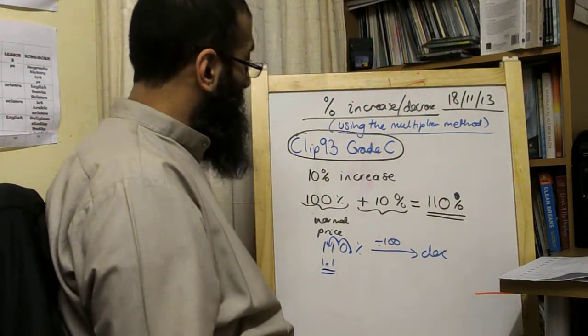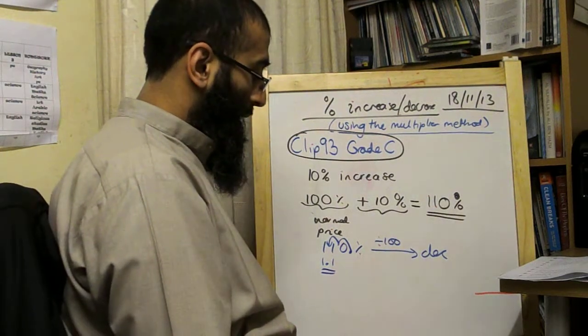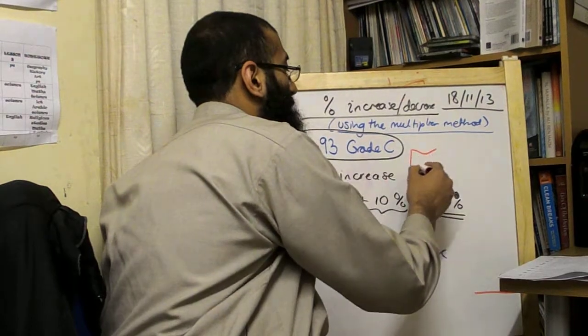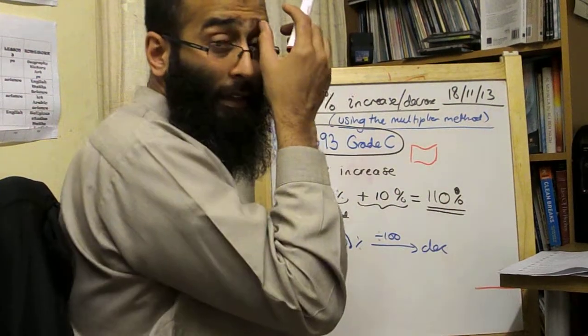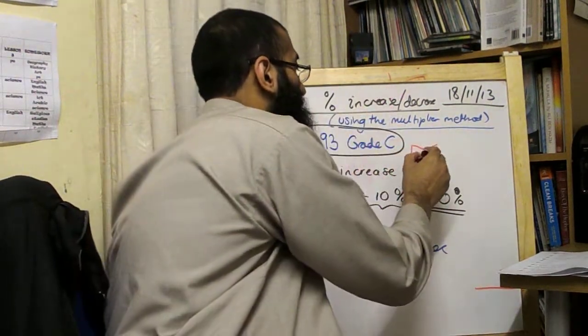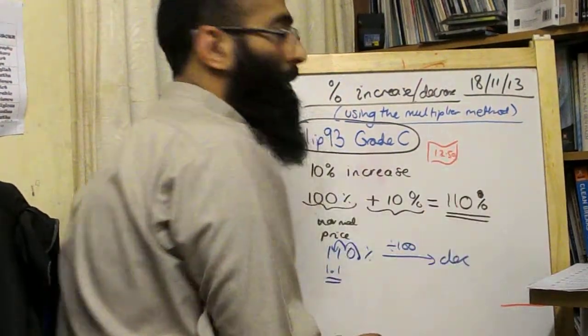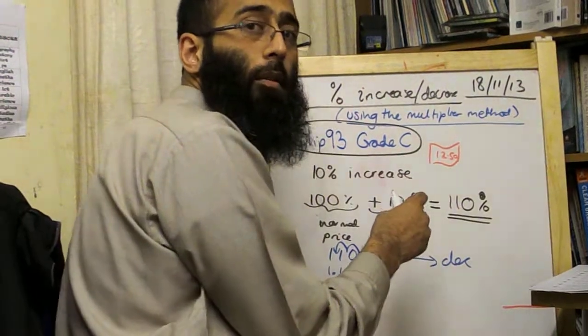So if we put this question into a context, for example, we have a train ticket. It originally cost £12.50. Okay, are you okay, Hassan?